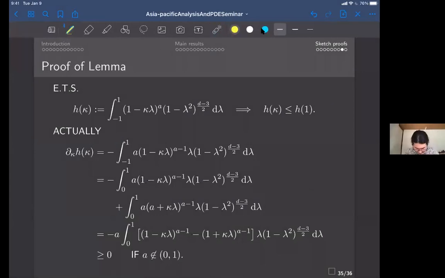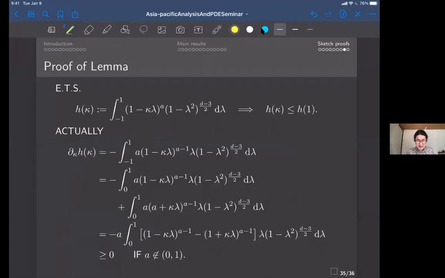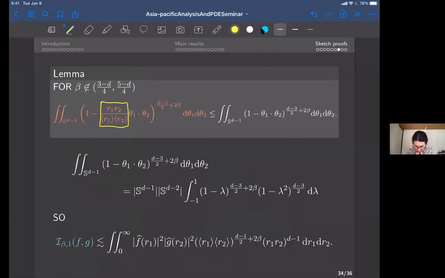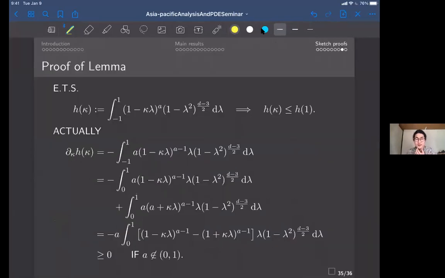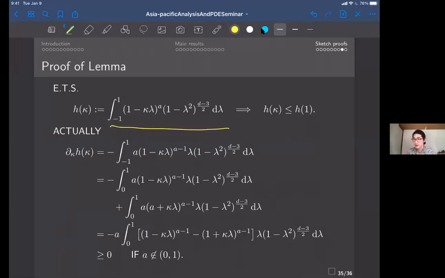All right. To show this, you just differentiate it. I put kappa, that was this thing, and using the change of variable, this right-hand side is actually this thing with some constant. Then what we want to show is the monotonicity.